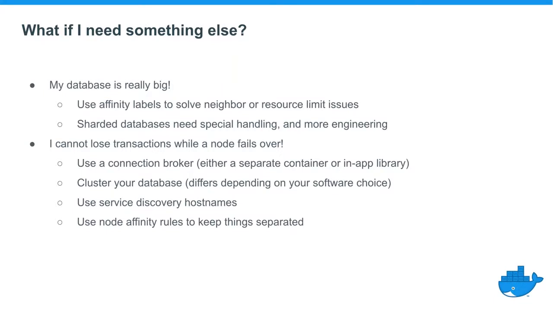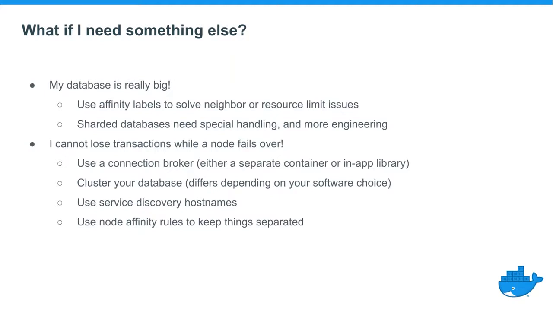So what happens if you can't lose transactions? If this database absolutely positively can't lose a transaction no matter what, there's a couple of things that you're going to need to do. You can run multiple copies of your database.